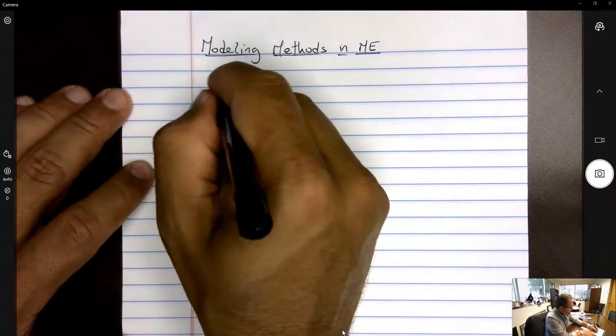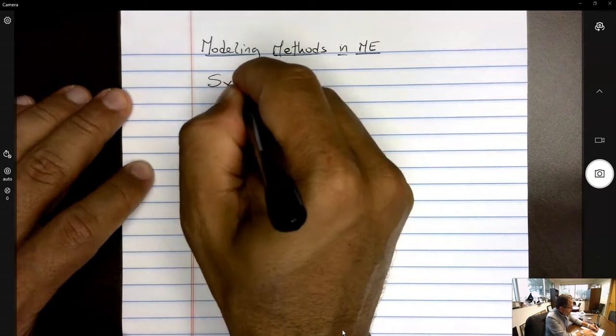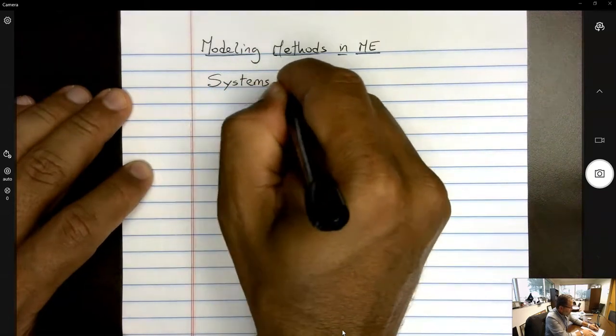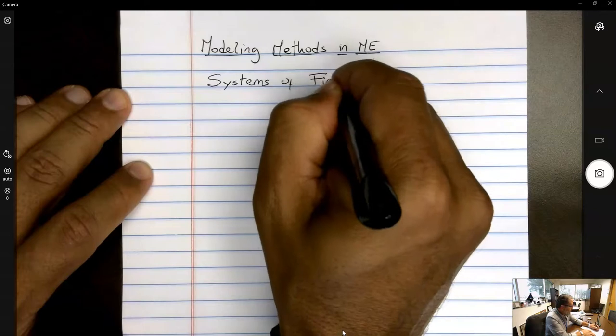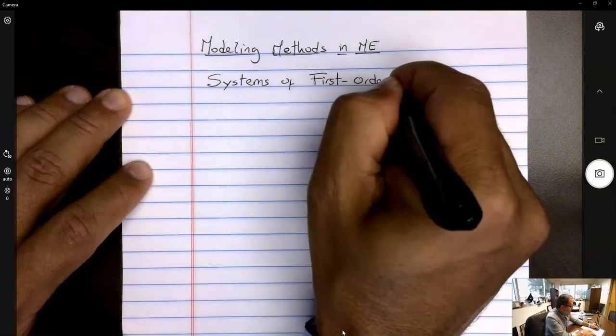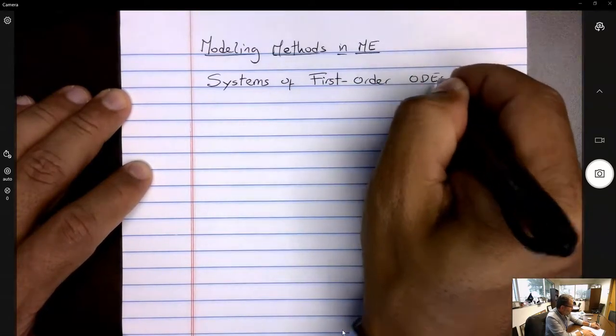And we'll analyze systems of first order ODEs.